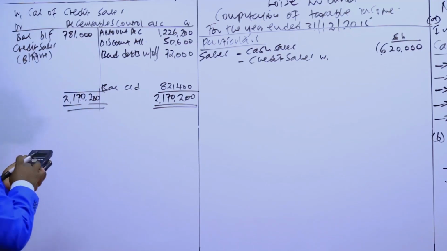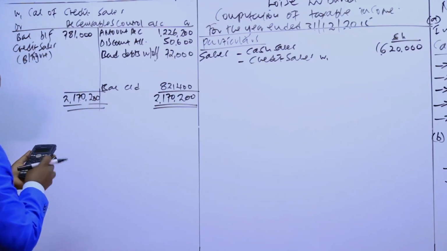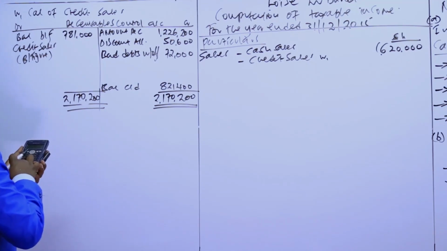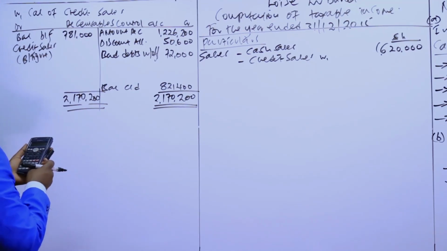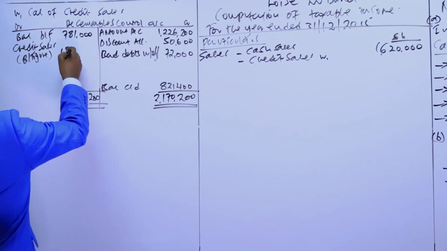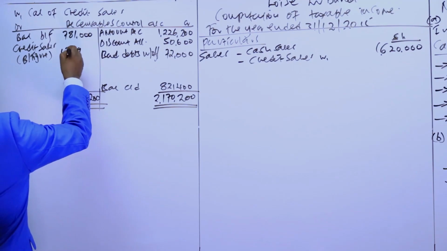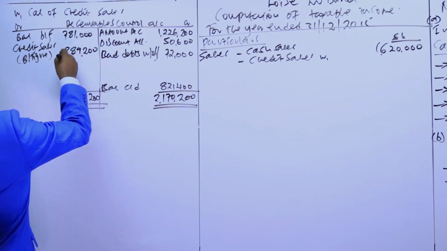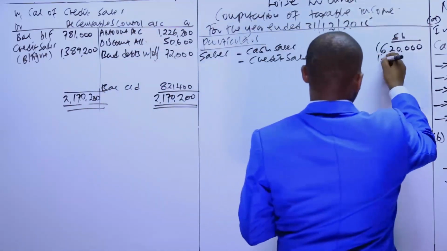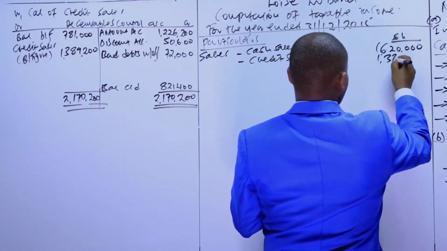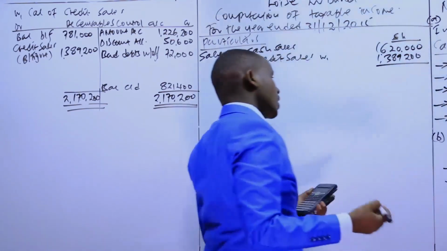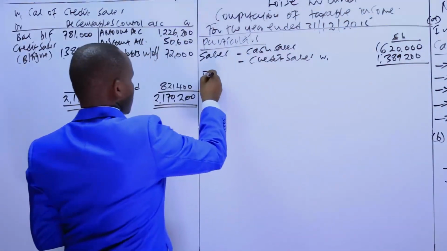I subtract 781,000 and I get 1,389,200. That is the figure for the credit sales.